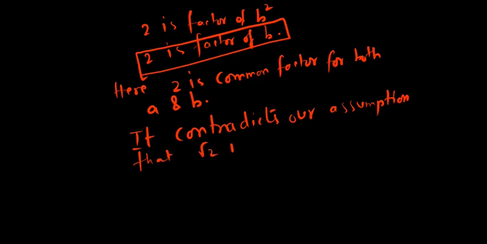If root 2 is really rational, at last it should not be like this. Whatever assumption we have taken, it should not violate the assumption, right? But here it has violated the assumption. So it contradicts our assumption. That's why root 2 is not rational; root 2 is irrational.